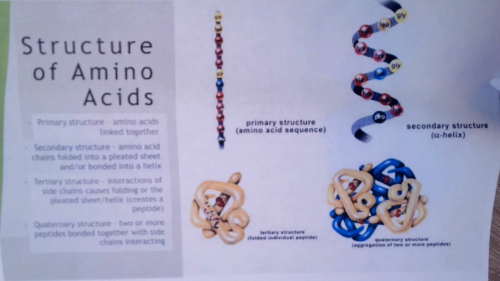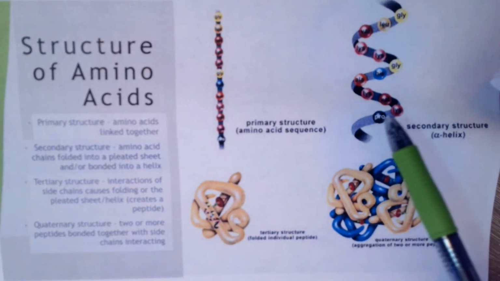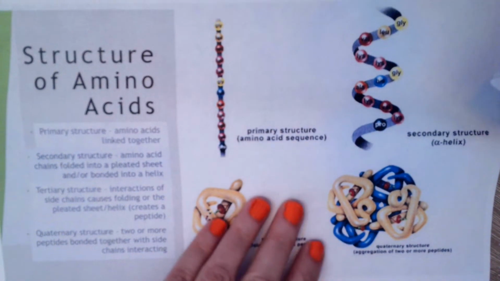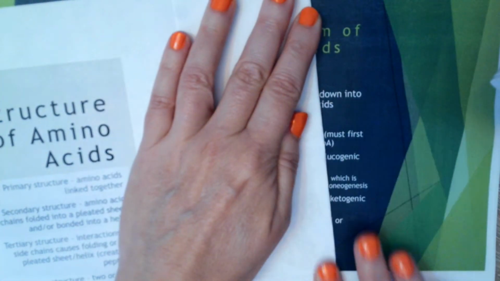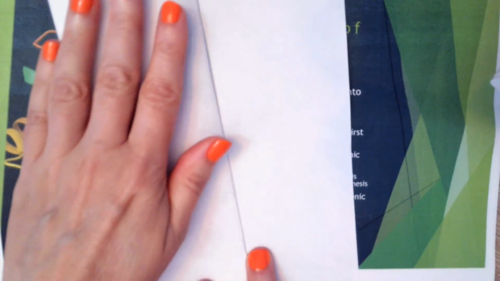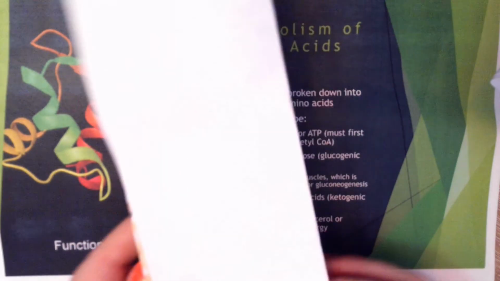Then after you get through with that, which is the primary structure, you can start thinking about, okay, are they going to bind into a helix kind of shape, similar to the way DNA binds, or are they going to be more in the pleated sheet version, which would be something like if we had a flat bonding of amino acids and folded it like a piece of paper. That's why they call it pleated sheet. It's not perfectly folded here, but you get the idea.